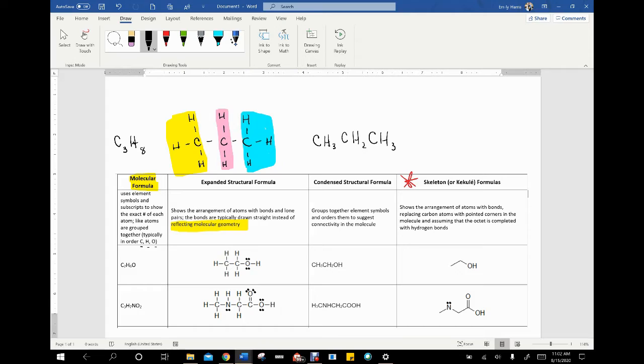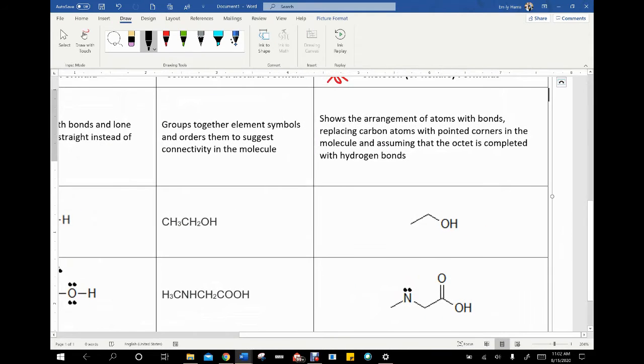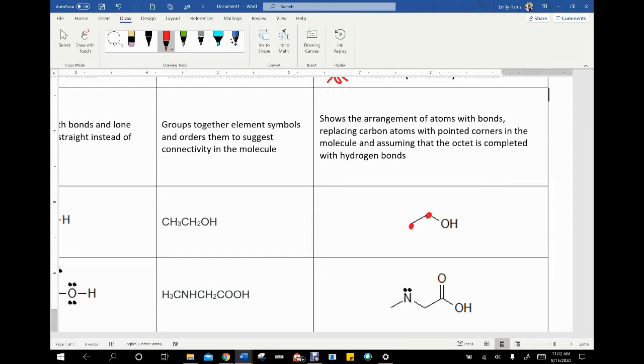So what the skeleton or Kekulé formula does is it replaces carbon atoms with lines. Every time you come to a point on a line, it's going to represent a carbon. So this end point on this line represents a carbon, and also this bend where those 2 lines are connected represents a carbon as well.